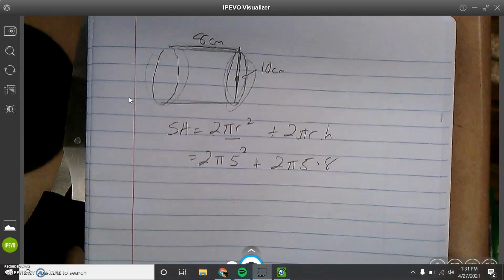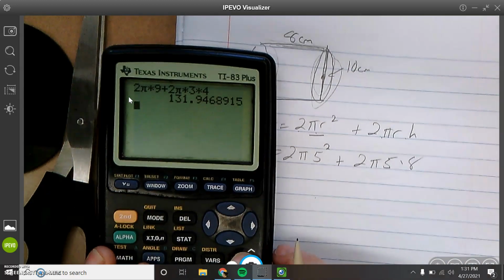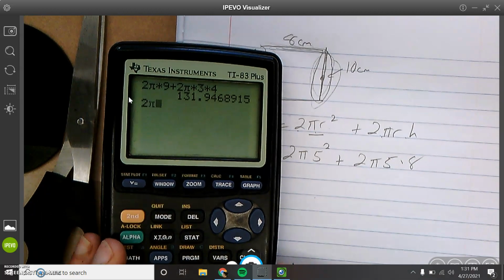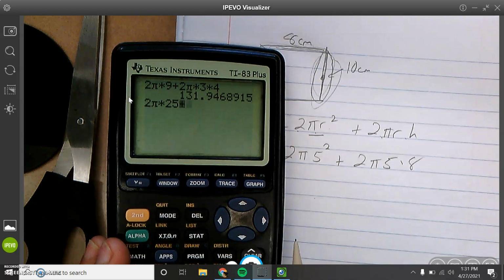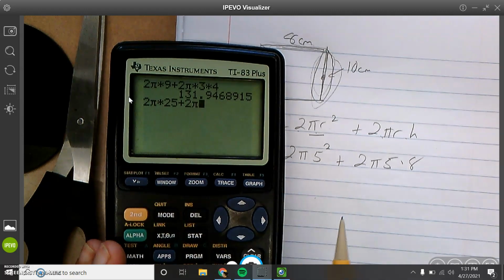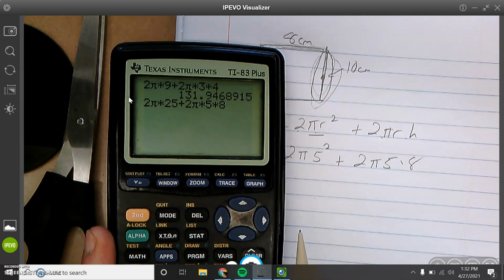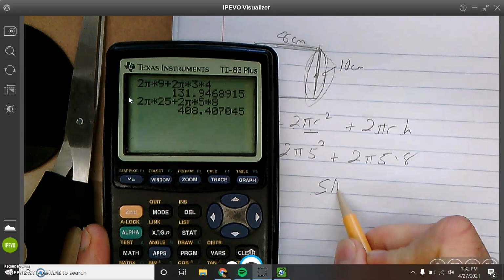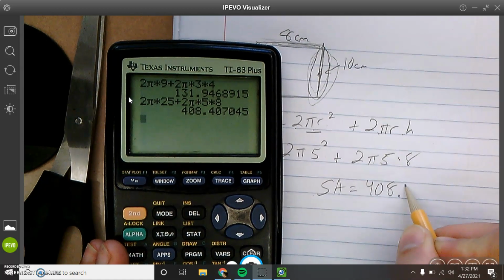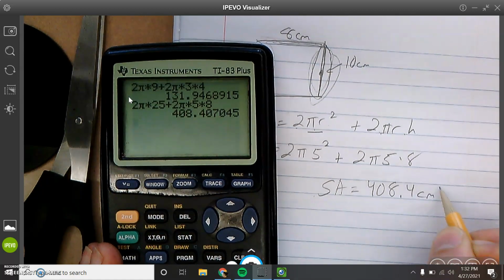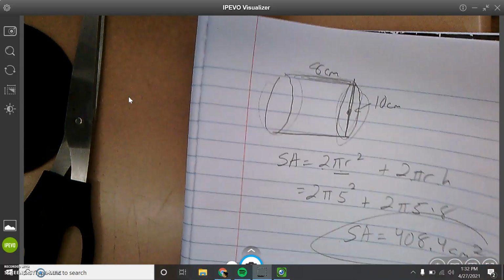All right, calculator it up. 2 times pi times 5 squared, which is 25, plus 2 times pi times 5 times 8. Surface area equals 408.4 centimeters squared. Area is squared, volume is cubed. There you go. Cool.